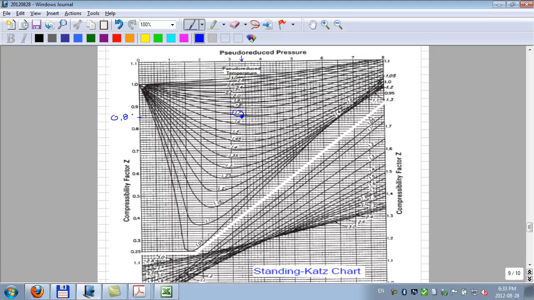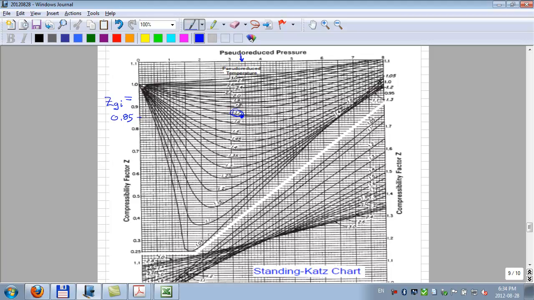So it's 15% deviating from ideal gas behavior. 15%, which is a lot for engineering. So you've got 1.7 as the reduced temperature, 3.4 as the reduced pressure, so the Z factor of the gas initially in Troll is about 0.85.